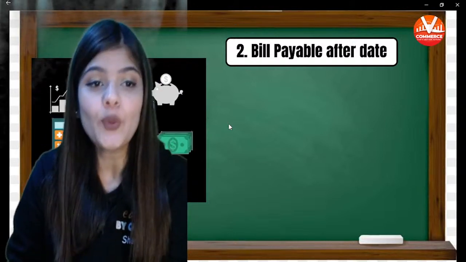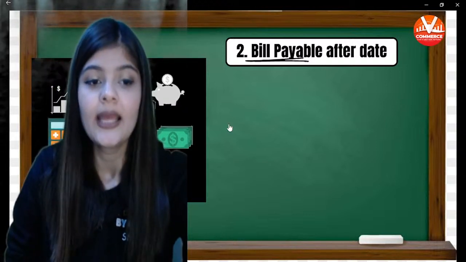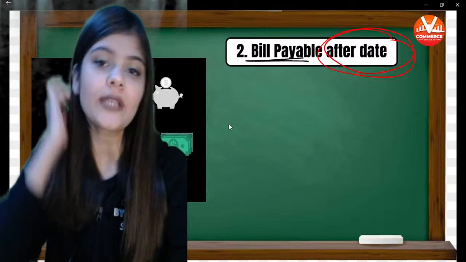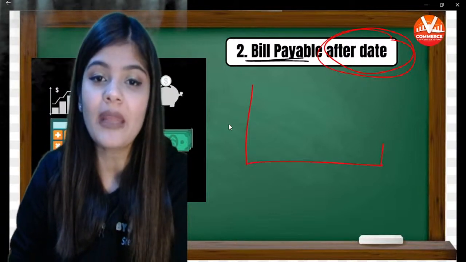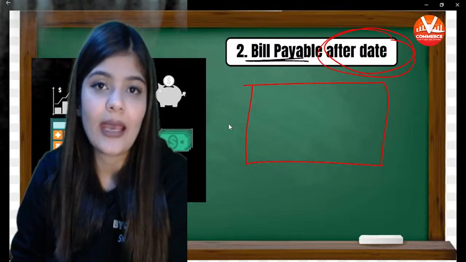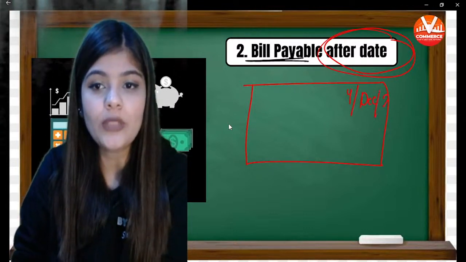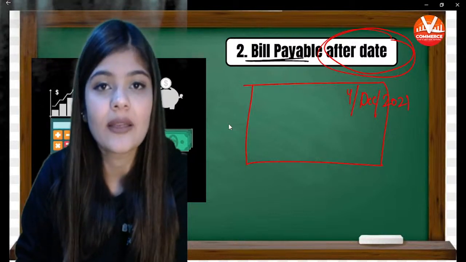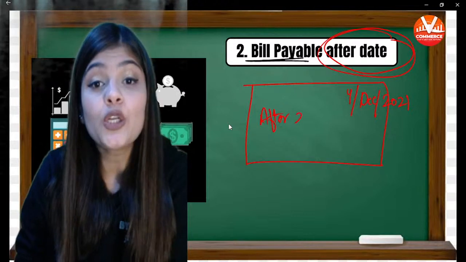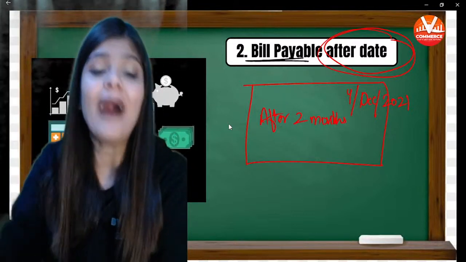Now coming on to the second, bill payable after date. Now what is bill payable after date? ये क्या होता है? तो suppose हमने एक बिल ड्रॉ किया. अब बिल की जो डेट है, suppose bill was drawn on 4th December 2021 and it is payable after 2 months. जो पैसा मिलेगा वो 2 months के बाद मिलेगा.